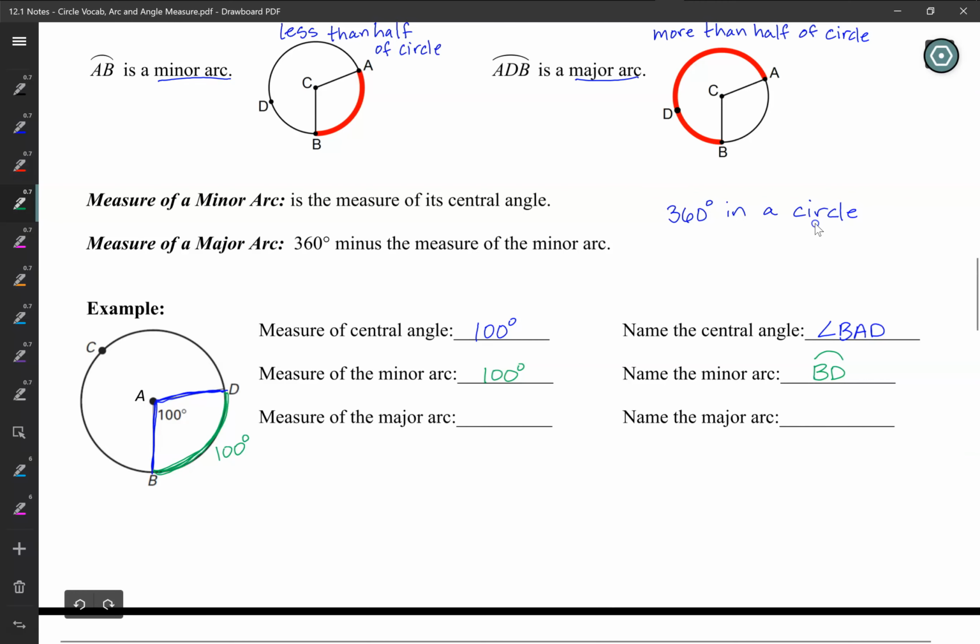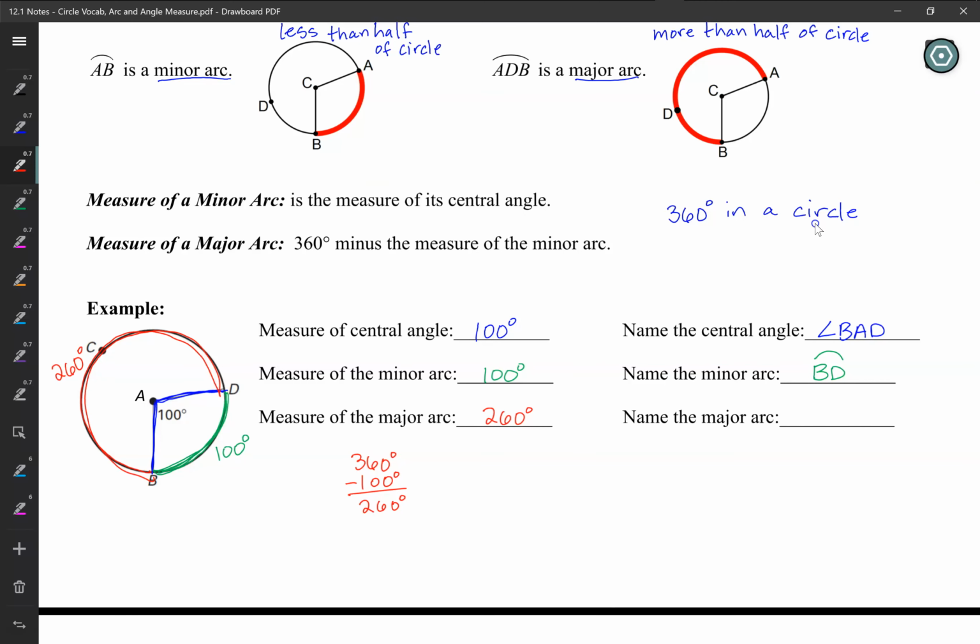Okay, now the major arc, well, there are 360 degrees in a circle, and I've used up 100 of them. So 360 minus 100 is 260 degrees. So if we spin around the rest of the way, that would be 260 degrees.